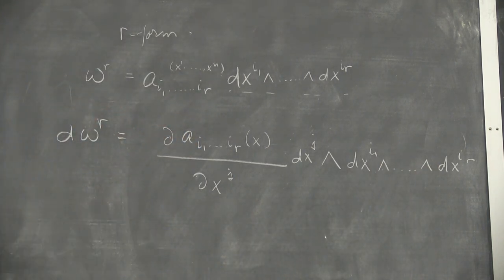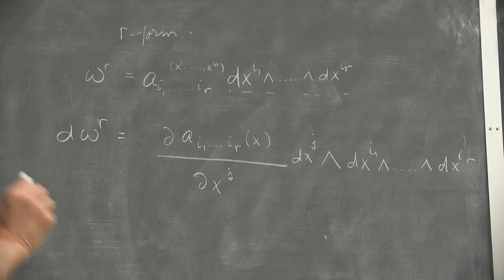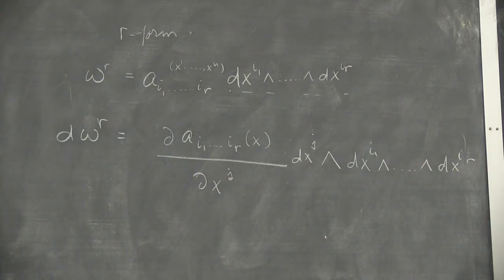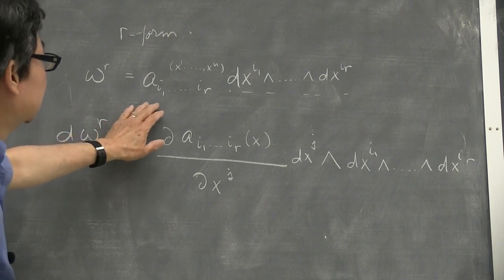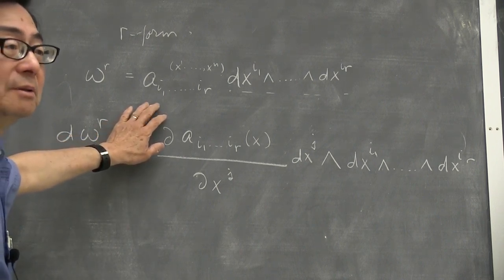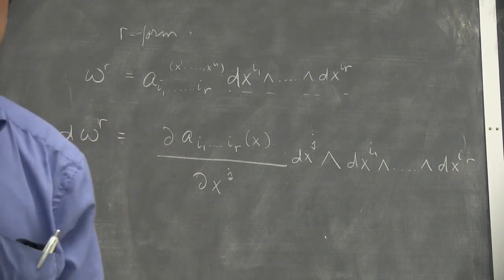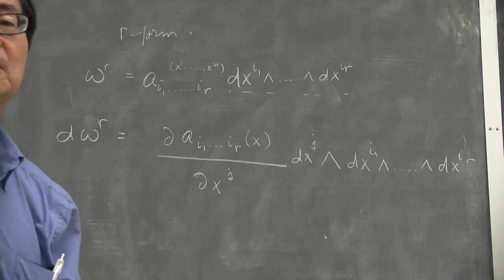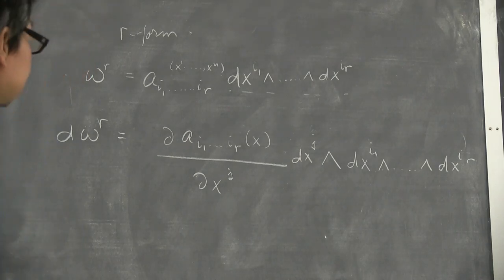So you have an R plus 1 form. And this is really the only rule that is most important for you in the sense of using it for computations. So from now on, when you're asked to differentiate a general R form, you use this formula in here. R can be anything.